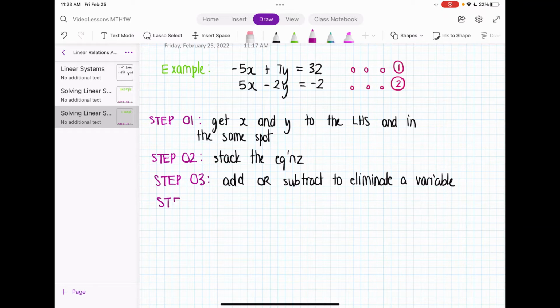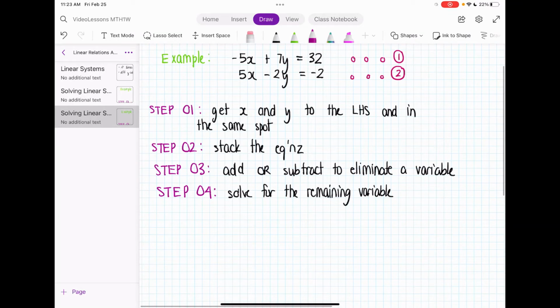You solve the remaining variable. And once we're done that, we sub and solve for the other. So I'm going to just label this as solve the system.